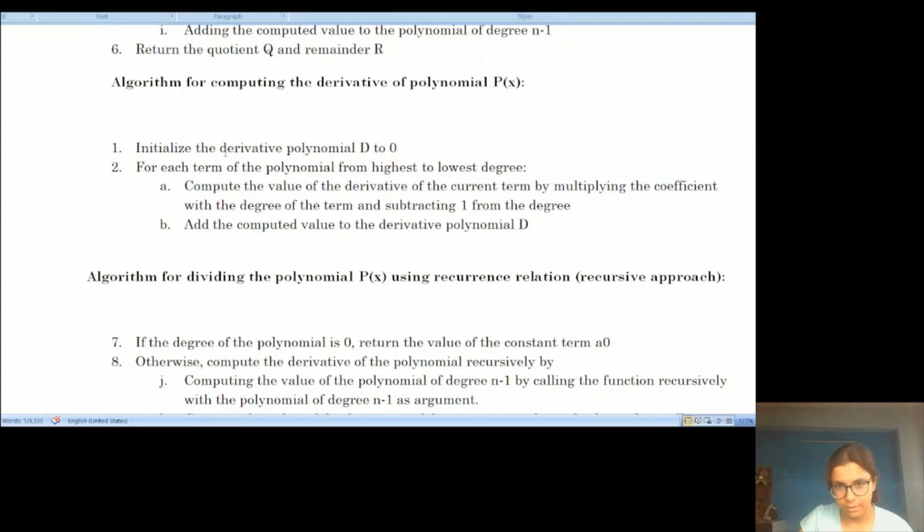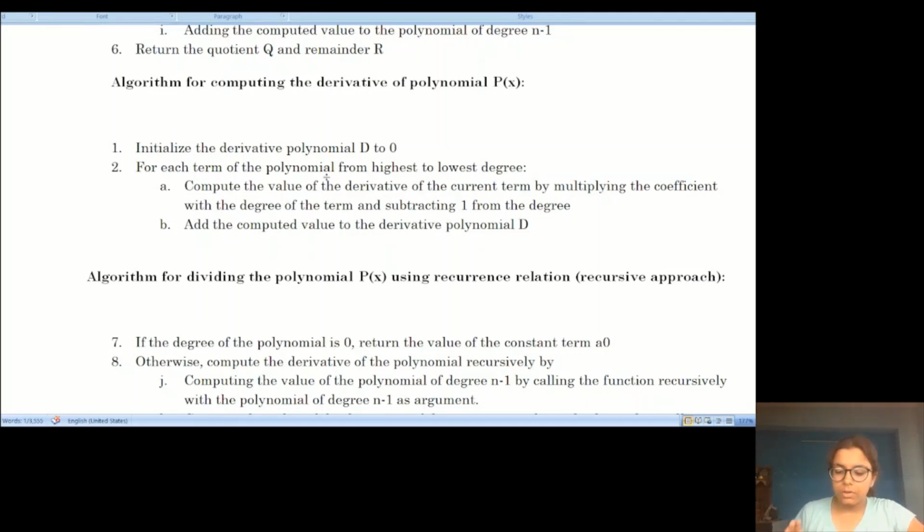We have x, right? We have the coefficient, that is a, and we would just multiply the coefficient with the degree of the term.